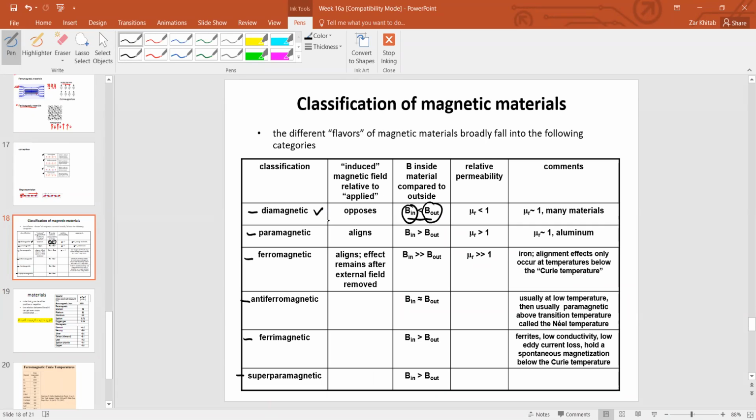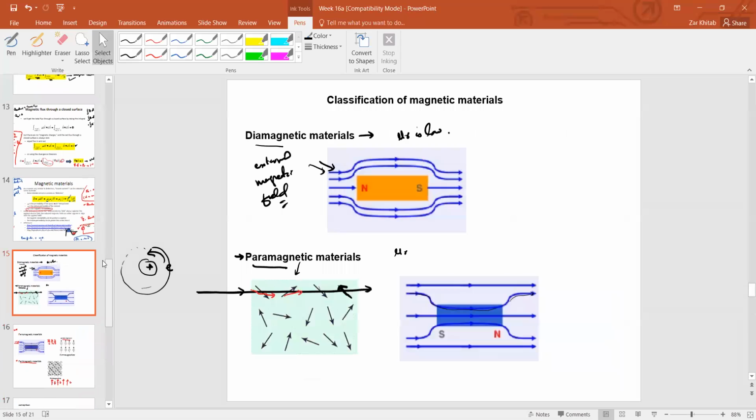So in these diamagnetic materials, look, south and north is in this direction. The external field is in this direction.